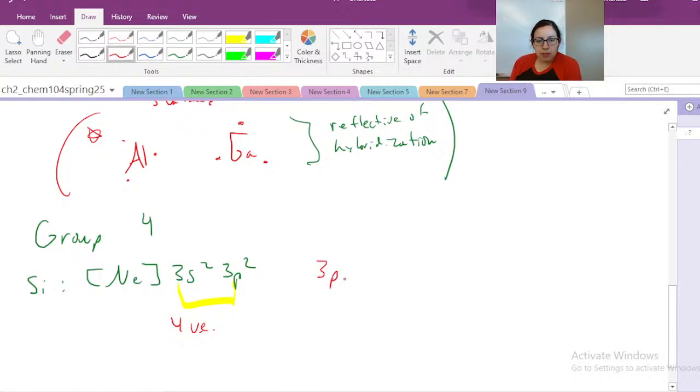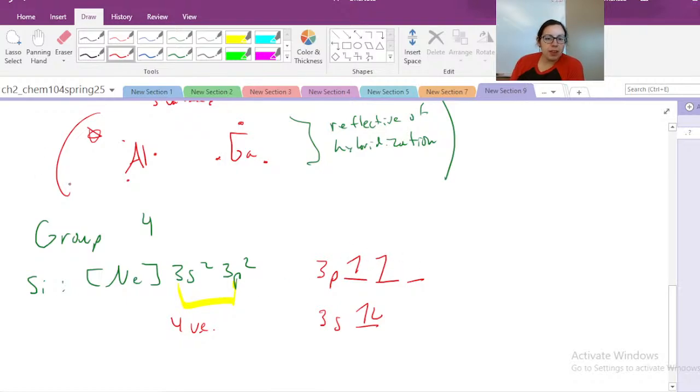If you're seeing the pattern, the other way to think about this is you have 1, 2, 3, 4 sides on your Lewis dot structure. Doesn't matter who's who, just fill it up the same. So again, 2 in the s, and then 1 in each of 2 out of the 3 p orbitals.